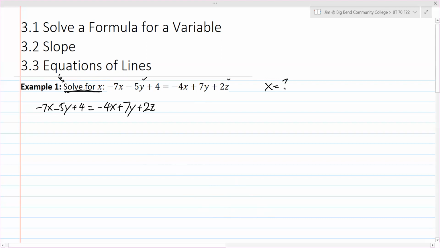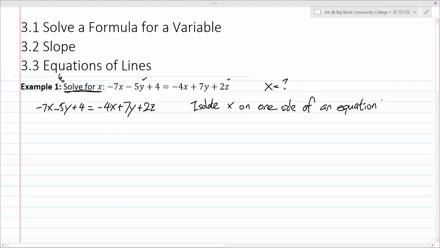Okay, let's proceed. So how do I solve for x? I'll translate that sentence in another way. What we're doing is to isolate. The keyword is isolate. We isolate x on one side of an equation.